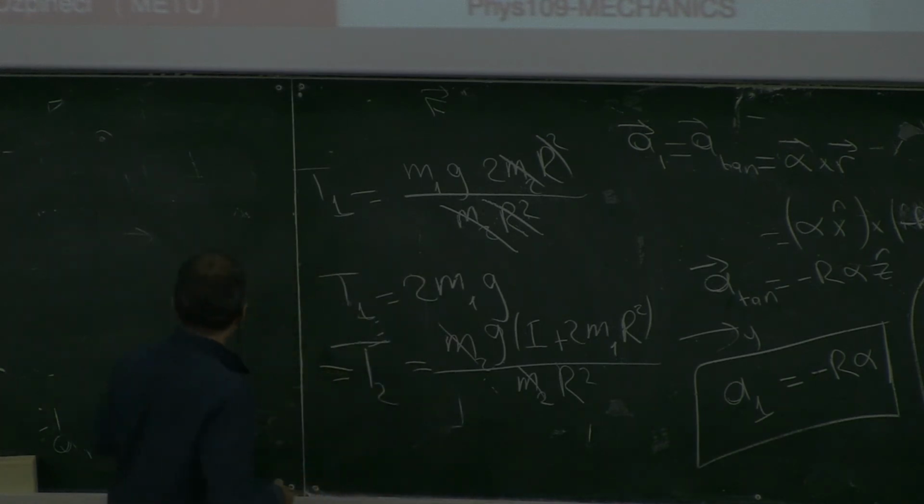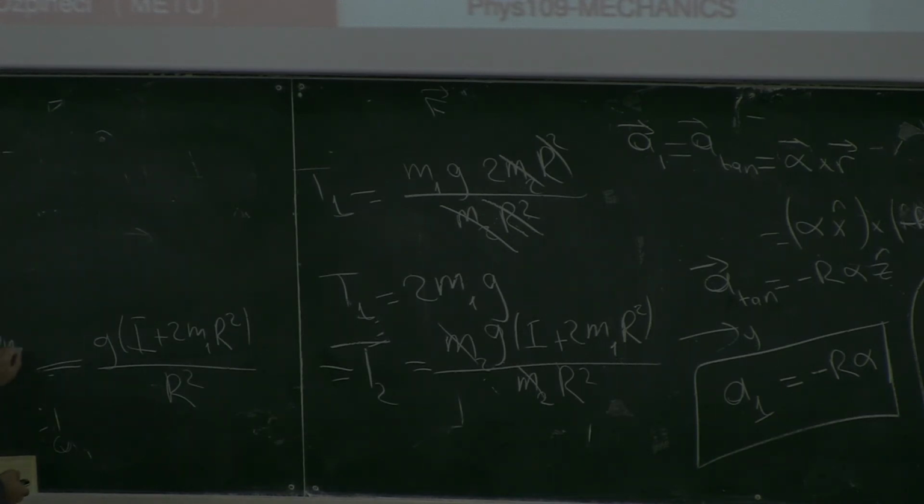So T2 is g times I plus 2 m1 r squared divided by r squared. Or I can also write this as g over r times I over r, plus twice m1 g. So they are definitely not equal.